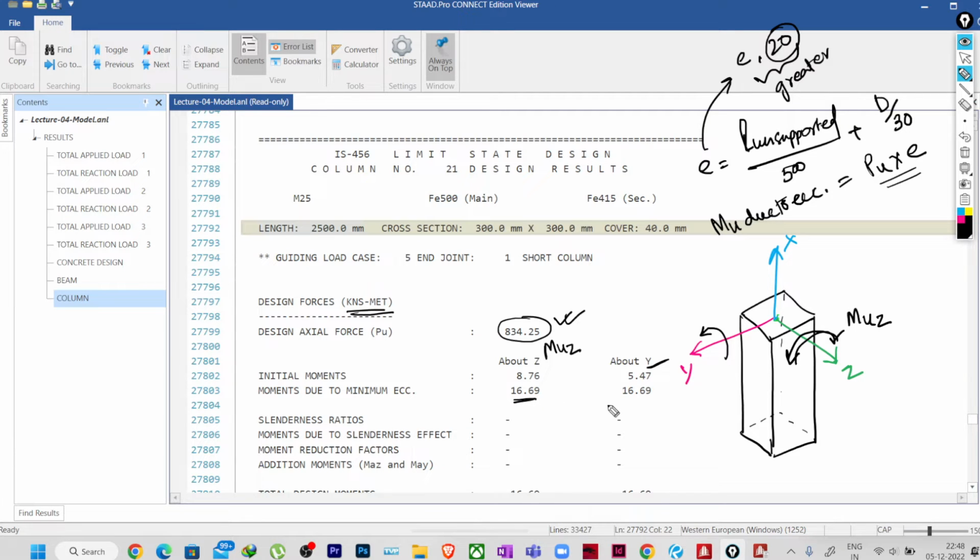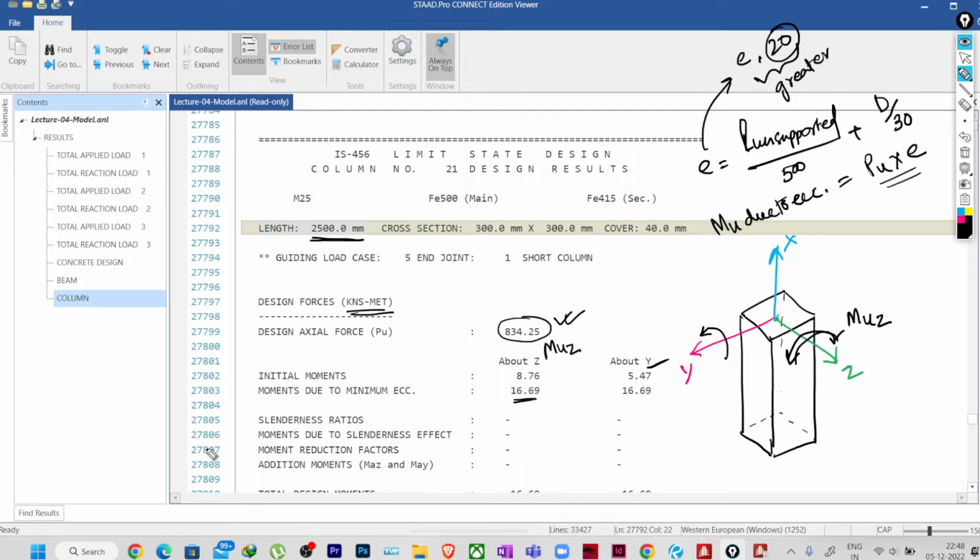Here, by default, whenever we are checking the minimum eccentricity, STAAD will consider the unsupported length as the node to node distance of the column. The node to node length is nothing but 2500.